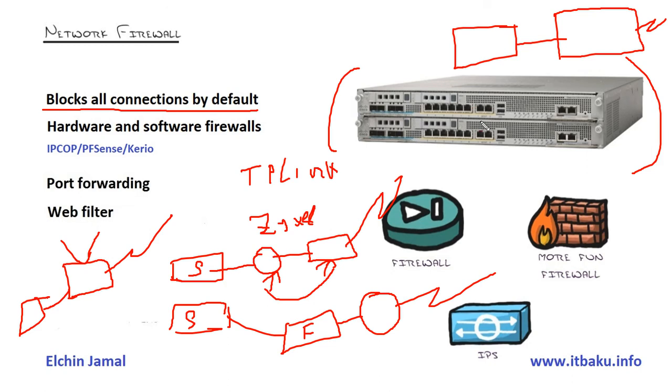A firewall, like this one, an expensive firewall, and a router, or just one firewall, like this hardware firewall, a real expensive firewall with router options on it. But for home or small offices, we often use small, simple routers which include firewall options.